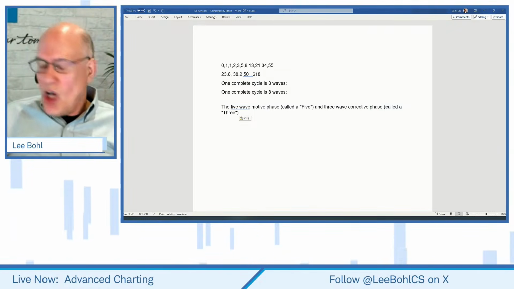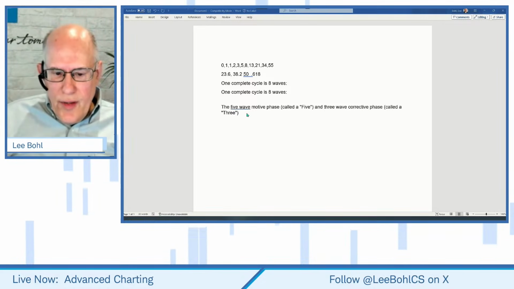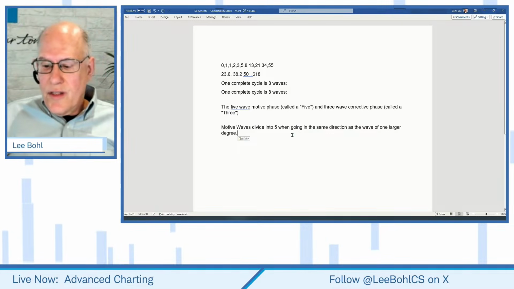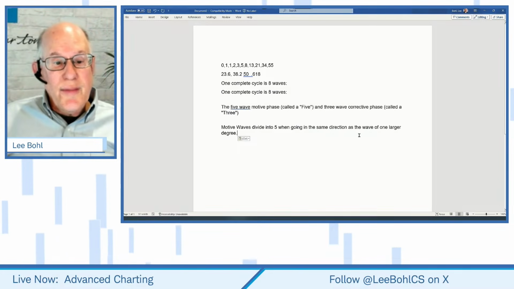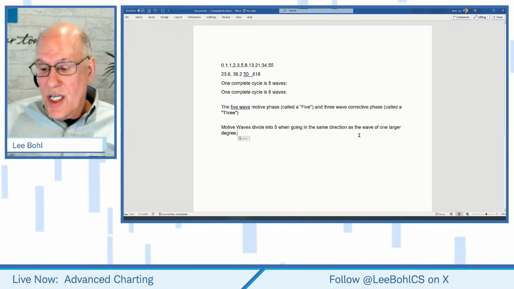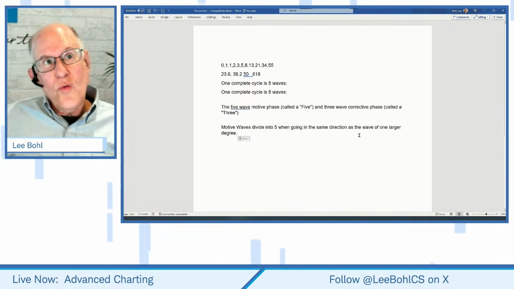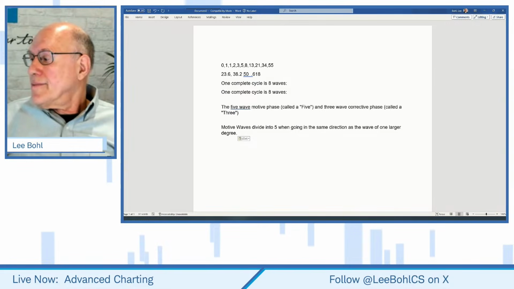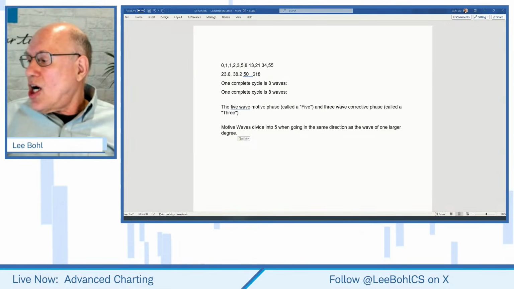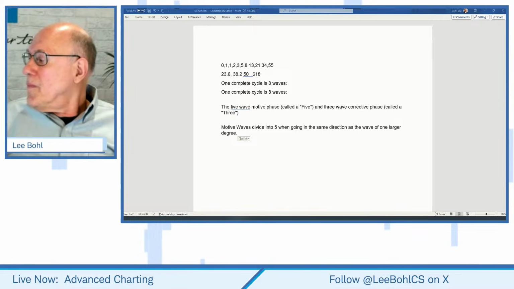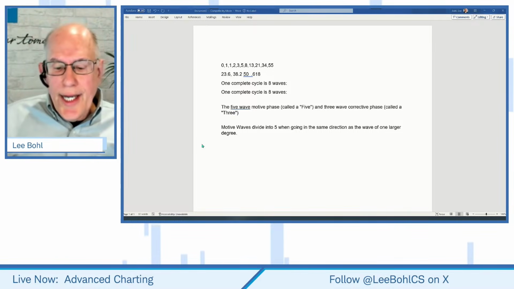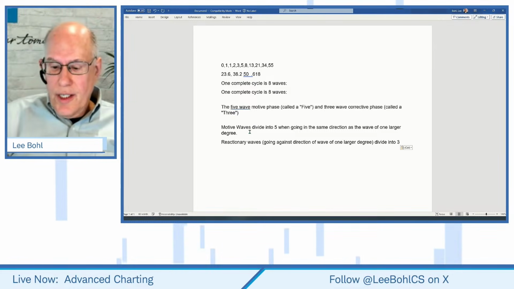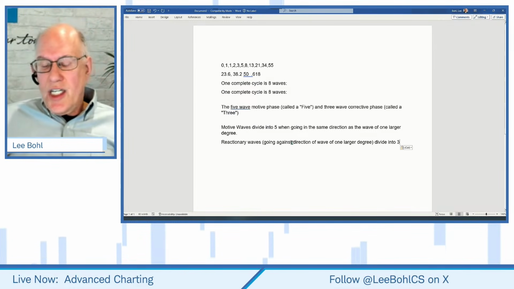As we just saw, motive waves, even if they're part of a larger degree, can divide into 5 when going in the same direction as the wave of 1 greater degree. And as we saw, if you're going against the trend of 1 greater degree, reactionary waves divide into 3.